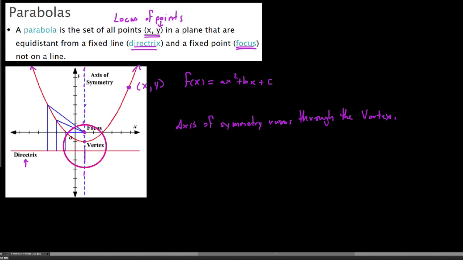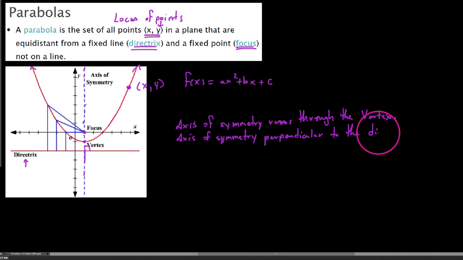One thing we also notice, and this is always going to be true, is that our directrix and our axis of symmetry will always be perpendicular. So we say that the axis of symmetry on every parabola is perpendicular to the directrix. Another thing we want to mention is that the vertex is always halfway between the focus and the directrix.